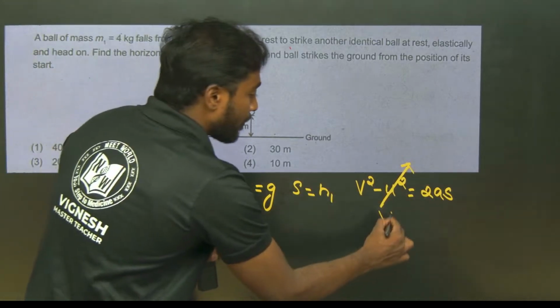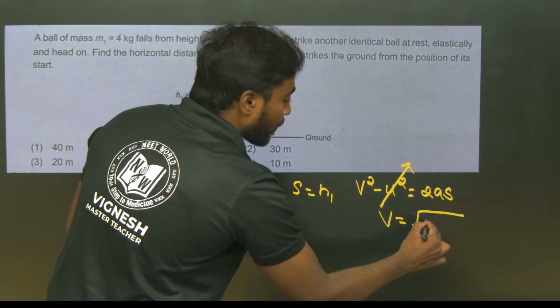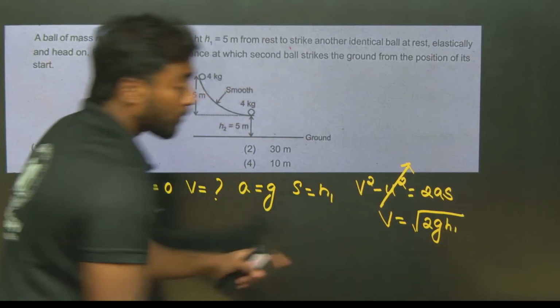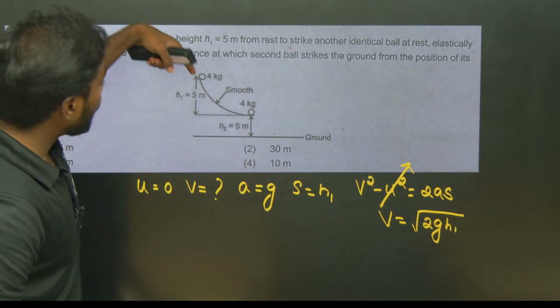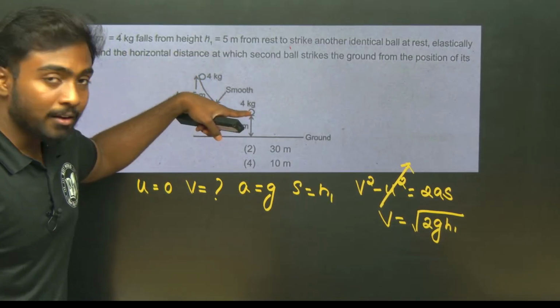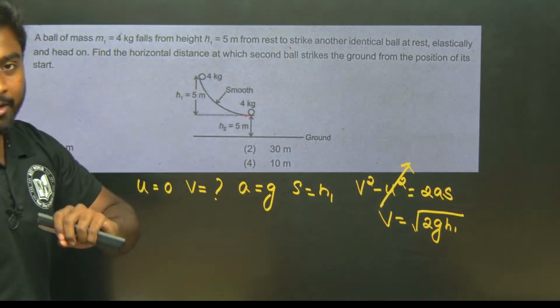So v equals under root of 2gH1. This is my velocity, the velocity of the ball when it strikes the other identical ball.